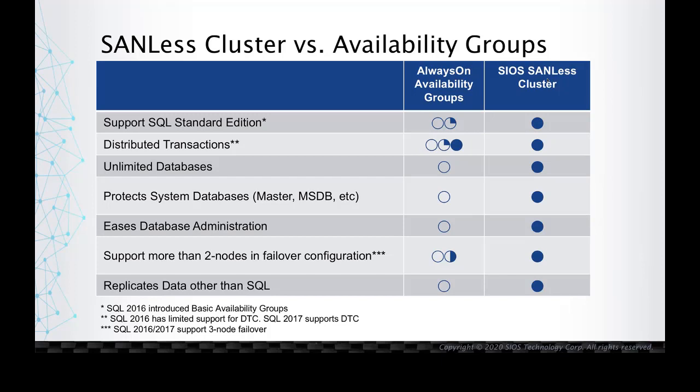So you're going to save a ton of money. If you don't need Enterprise Edition for anything else, and you can stick with Standard Edition and DataKeeper, you're still going to save a ton of money, if high availability is the only thing you're looking for.